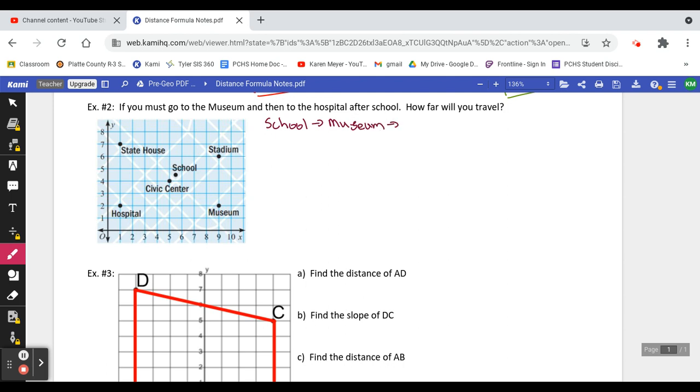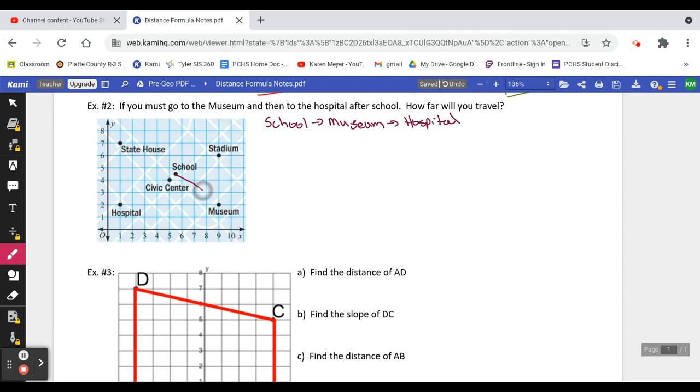And then from the museum, I'm going to the hospital. So let's start with first school to the museum. So if I look at my picture, I can draw the line in from school to the museum, and that's a diagonal line. So if it's a diagonal line, then we have to do the distance formula.